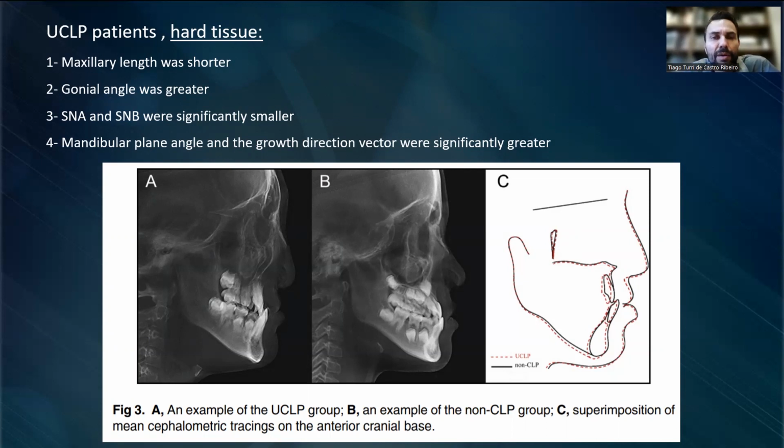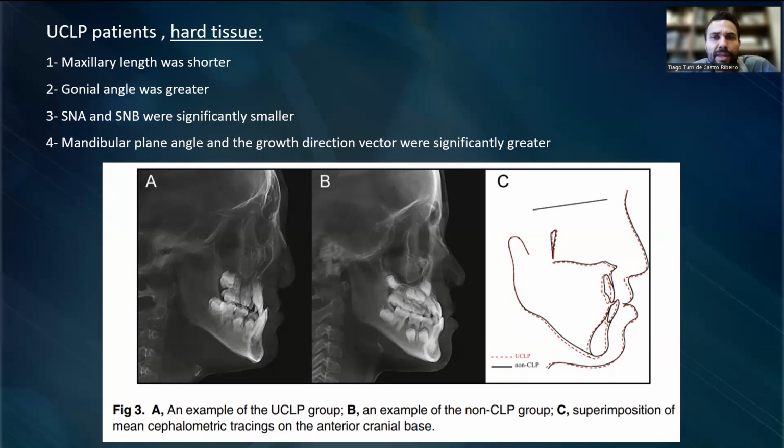This allowed us to observe the influence of the presence of the cleft, since both groups present the same malocclusion. The radiograph on the left side represents the group of patients with cleft, and the right side, patients without cleft.